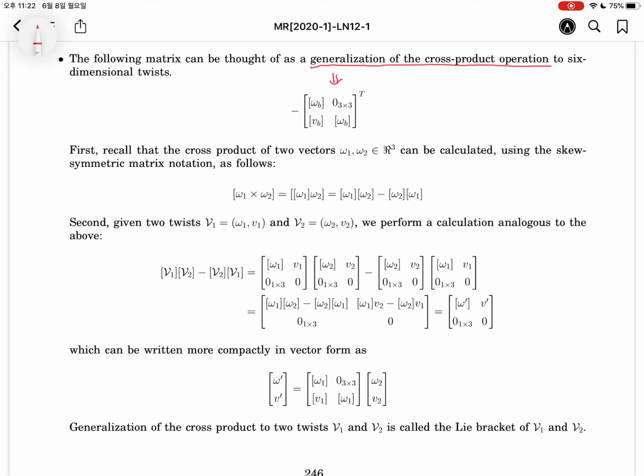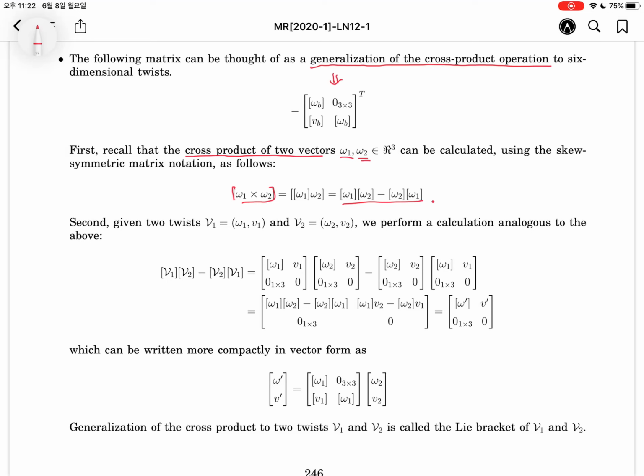Here, the cross product of two three-dimensional vectors W1 and W2 are given. At the time, the cross product of the W1 and the W2 will produce a three-dimensional vector. If we take the skew symmetric matrix form, then we have this identity.